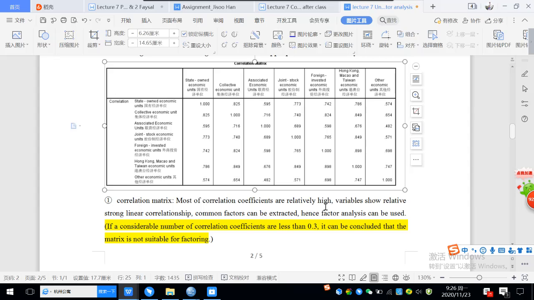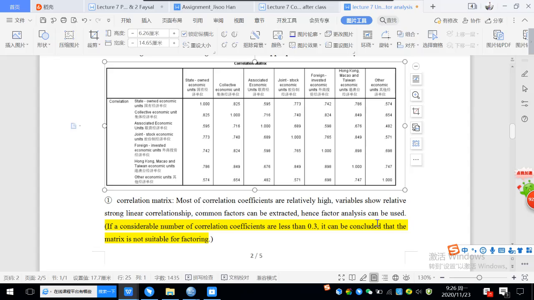The variables show relatively strong linear correlation, so common factors can be extracted.